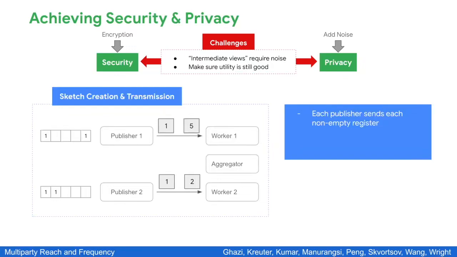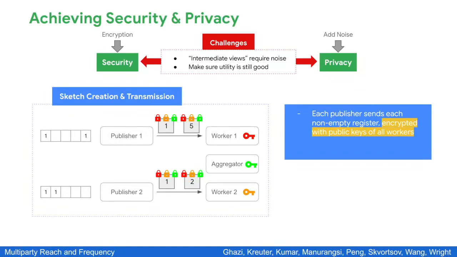This helps reduce the communication further. However, this wouldn't be private because these indices depend on the input. To fix this, we encrypt each register index with the public keys of all the workers and the aggregator. However, even with this, it's still not private because each publisher's number of non-empty registers is still revealed in the clear.